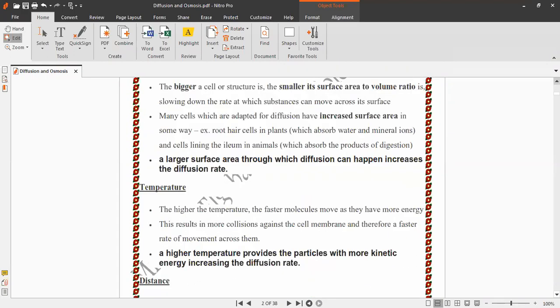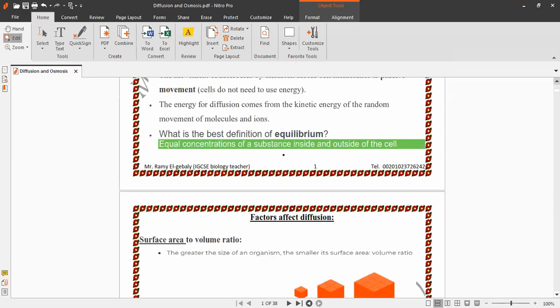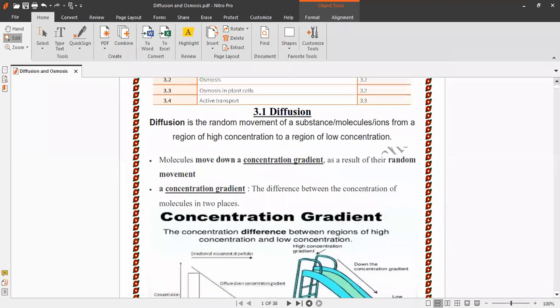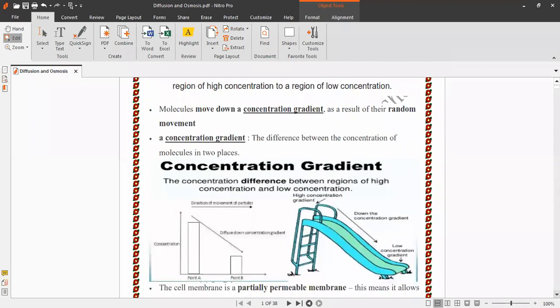So diffusion is the movement of particles from one place to another place. From where? Like a slide, from high concentration to low concentration.